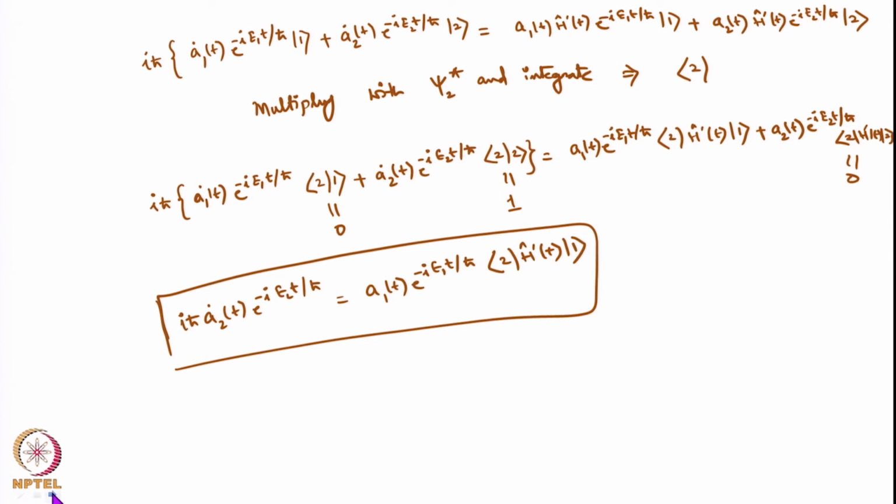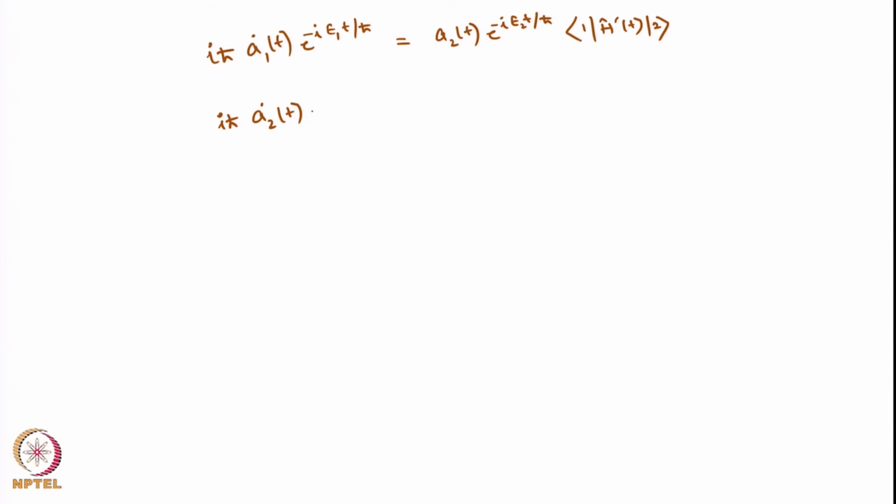Now what I will do is I will write both the equations together. So the first equation was i h bar A1 dot t e to the power of minus i E1 t by h bar should be equal to A2 of t e to the power of minus i E2 t by h bar <1|h prime of t|2>, and i h bar A2 dot t e to the power of minus i E2 t by h bar is equal to A1 of t e to the power of minus i E1 t by h bar <2|h prime t|1>.